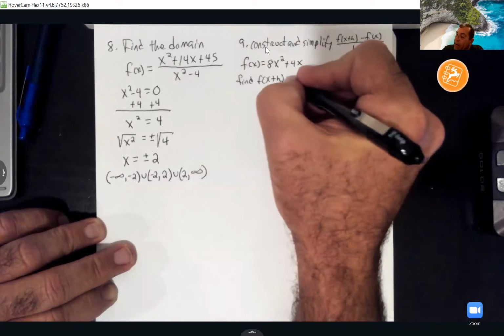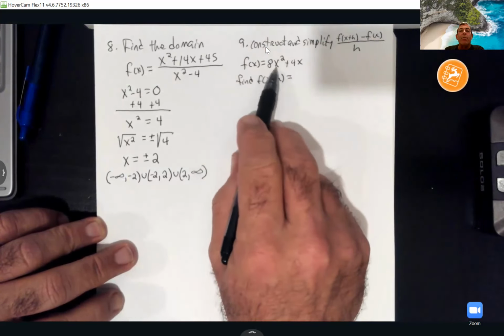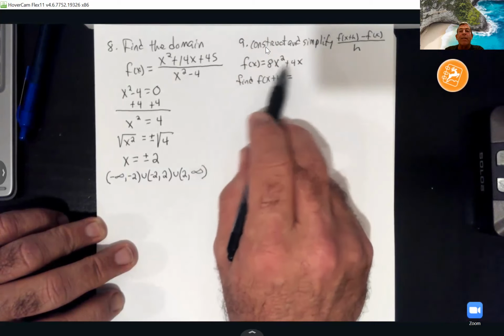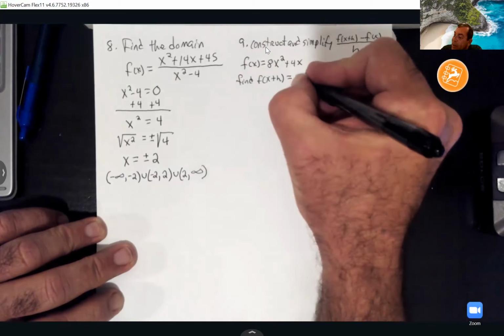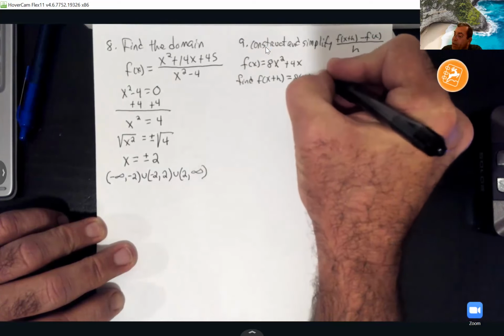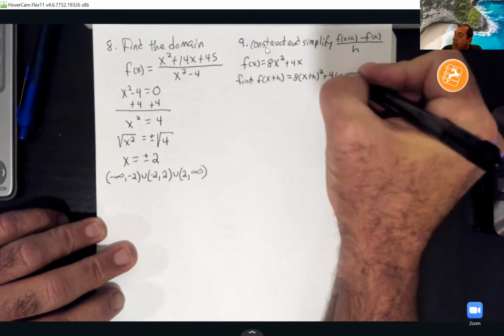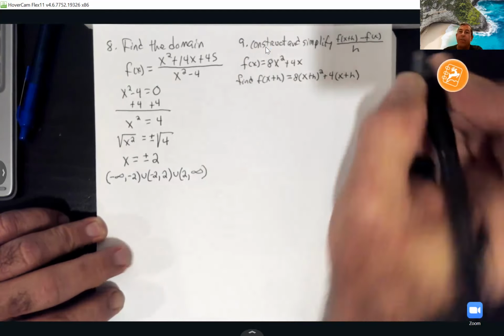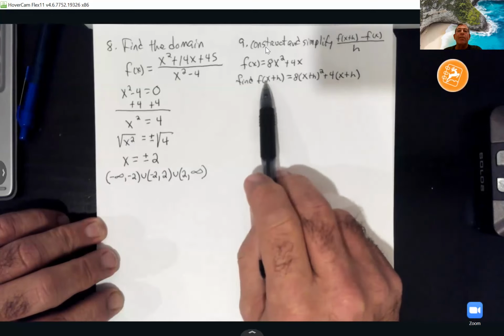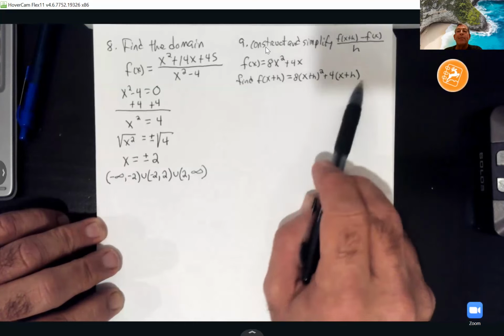So f of x plus h, we're going to put an x plus h in for both of these x's. So that'll be 8 times x plus h squared plus 4 times x plus h. Now we got to simplify this out.